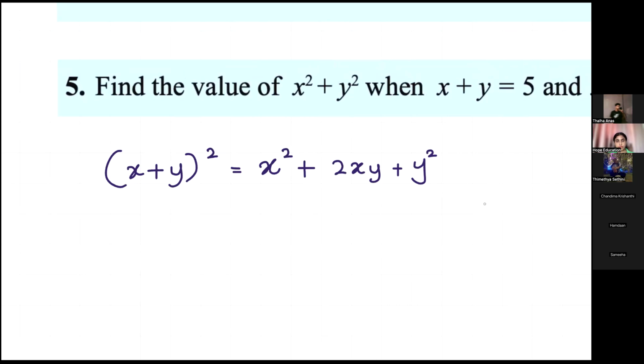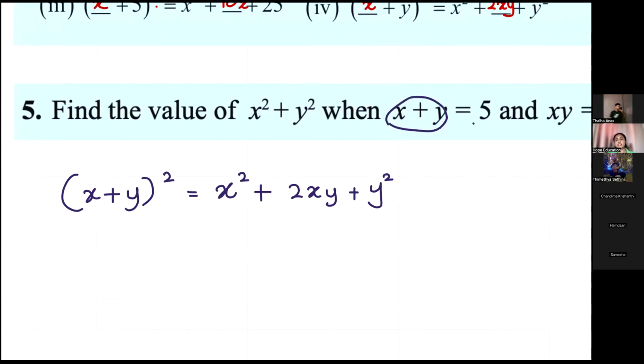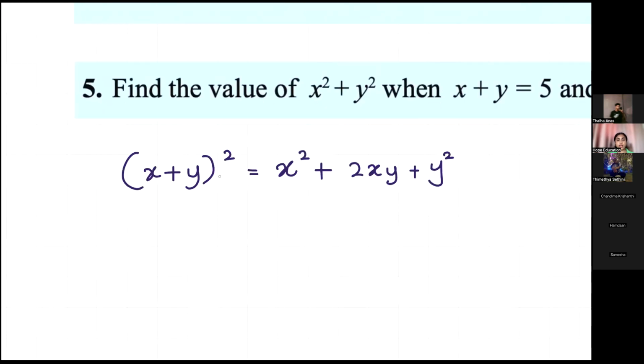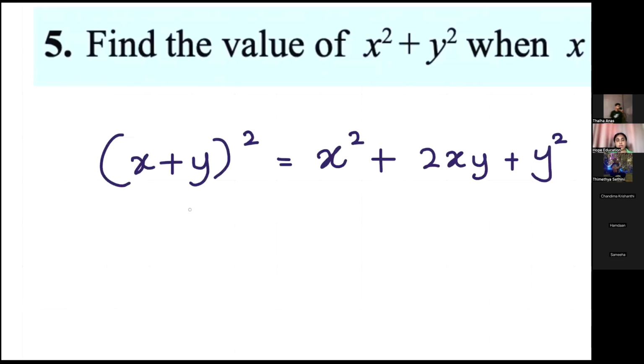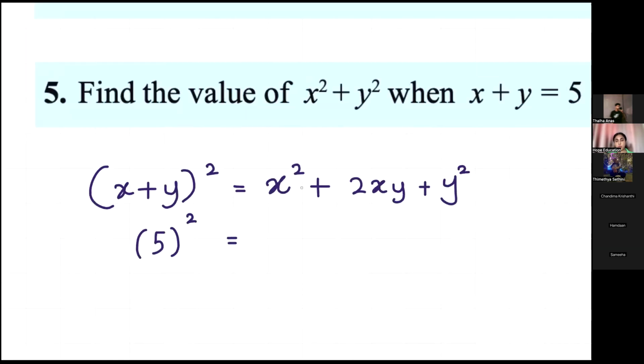Yes. Okay. So they say x plus y is 5. Whenever I see x plus y, instead of x plus y I write 5. Equals x squared, this y squared I will bring forward like this, plus 2xy.